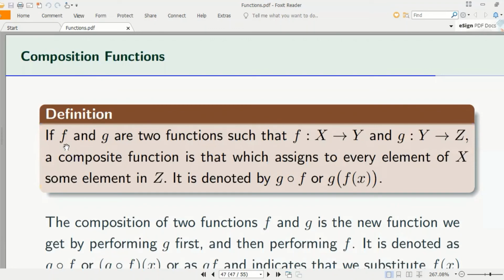I begin by defining: if f and g are two functions, such that f assigns elements of x to those of y and g assigns elements of y to those of z, then a composite function is defined.